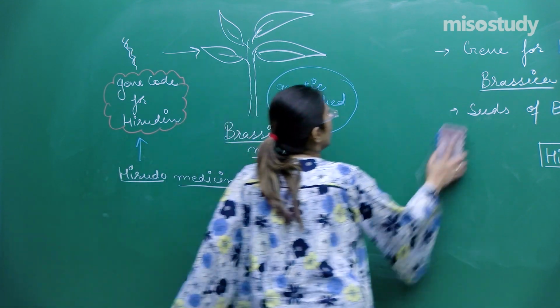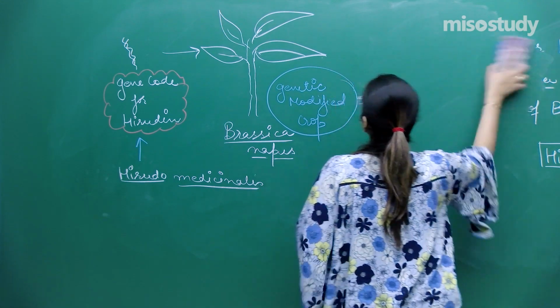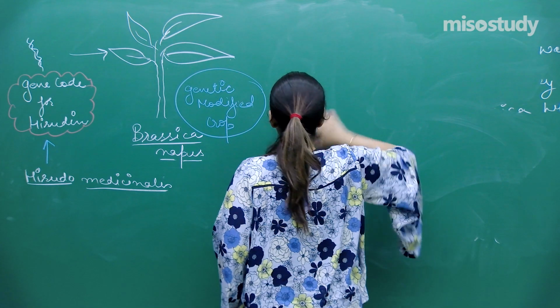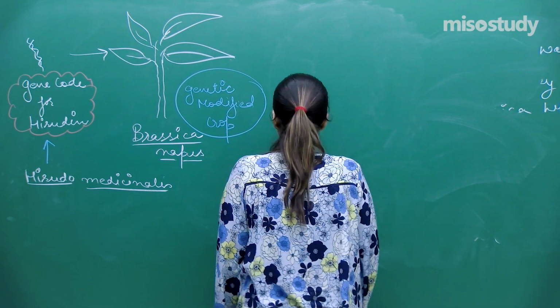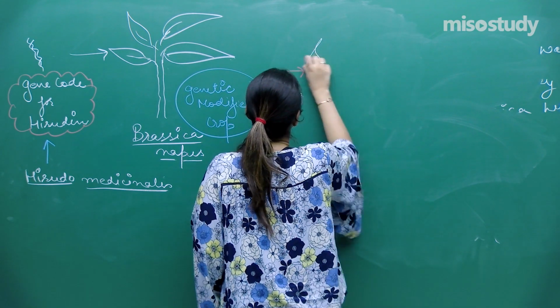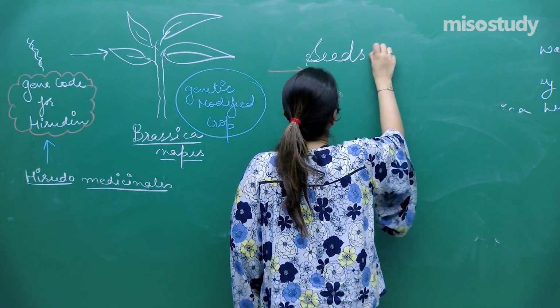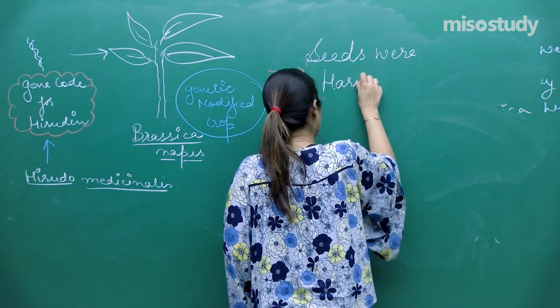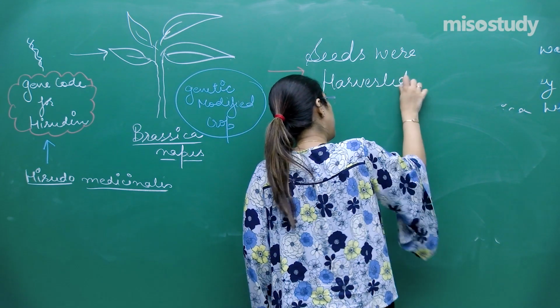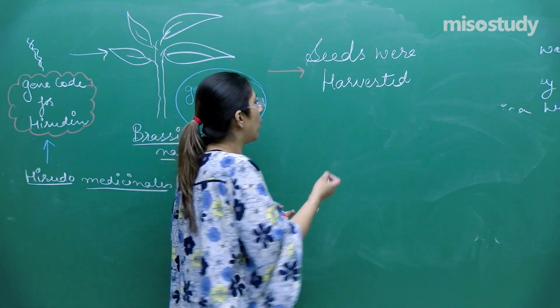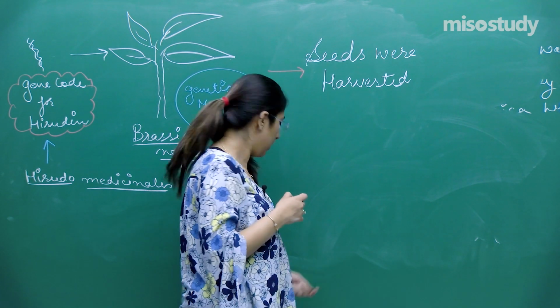So what exactly happened? When seeds were harvested, they were a rich source of hirudin, right?